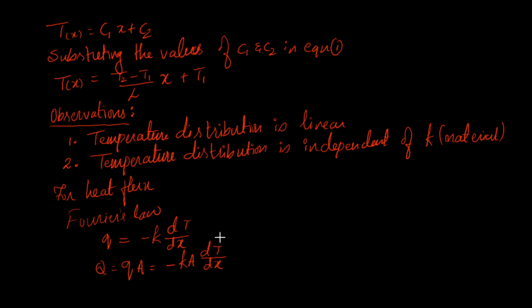In the place of dT by dx, we know that dT by dx is equal to C1, which is equal to T2 minus T1 divided by L. So by substituting that, I'll get the equation for heat transfer rate.